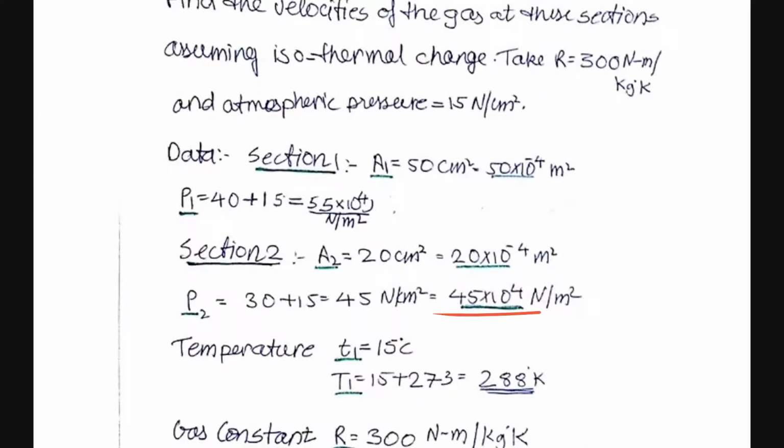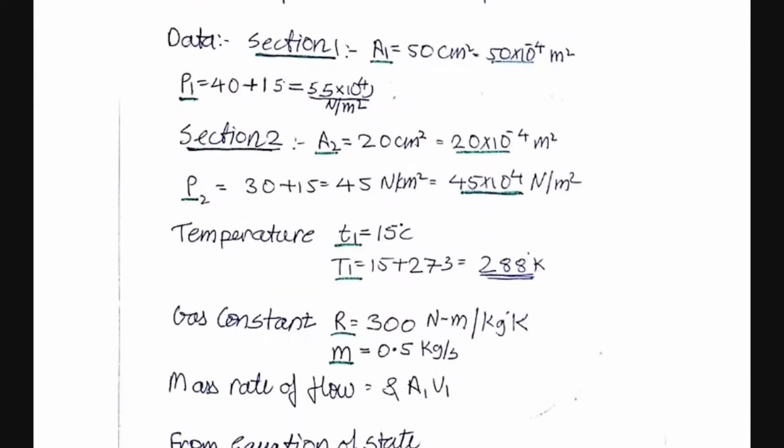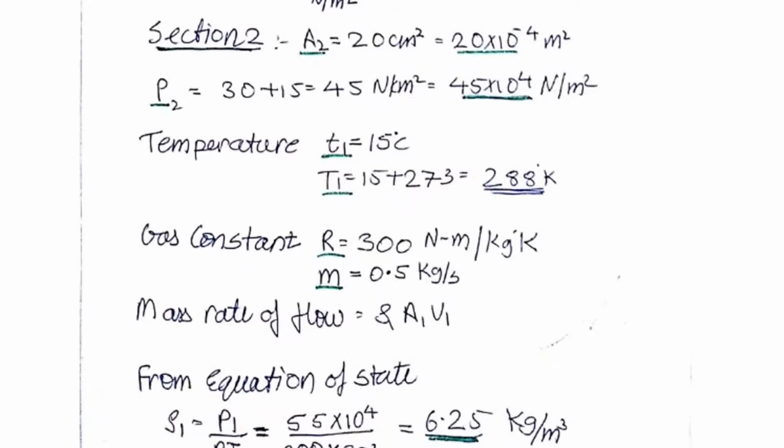The temperature at section 1 is 15 degrees Celsius, so T1 is 15 plus 273, which is 288, because we write the temperature in Kelvin. The gas constant R is given as 300 and the mass flow rate as 0.5. We have to find the values of V1 and V2.